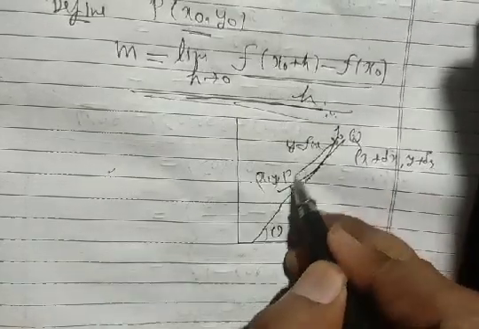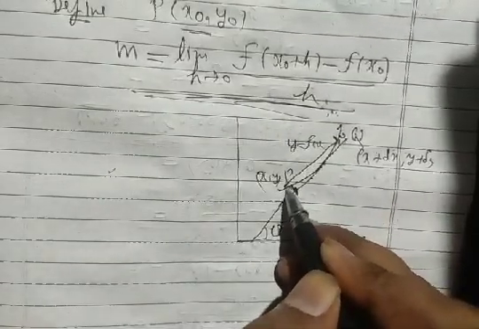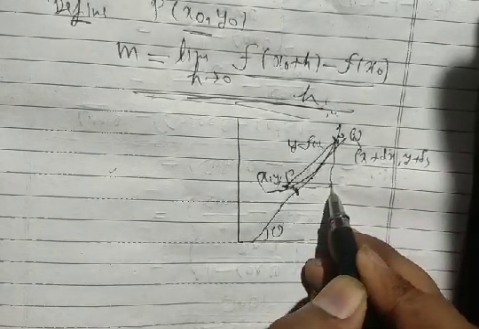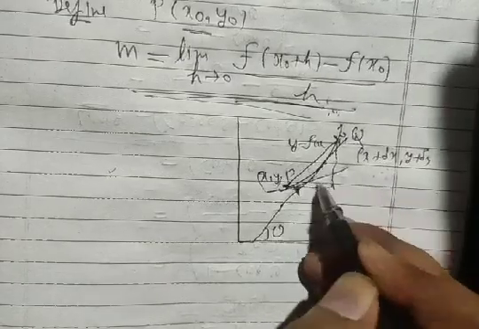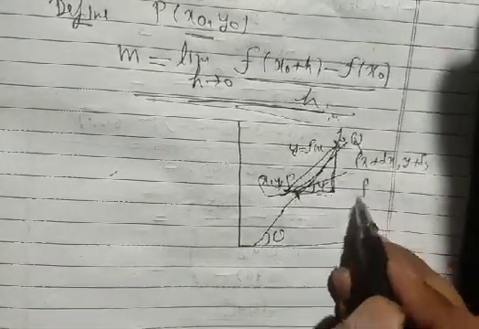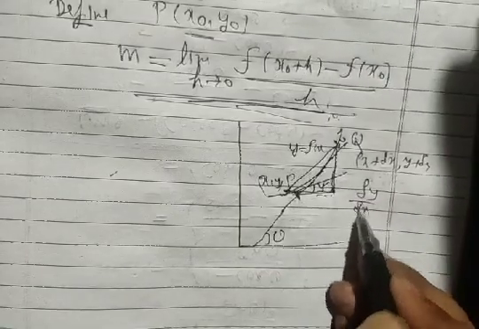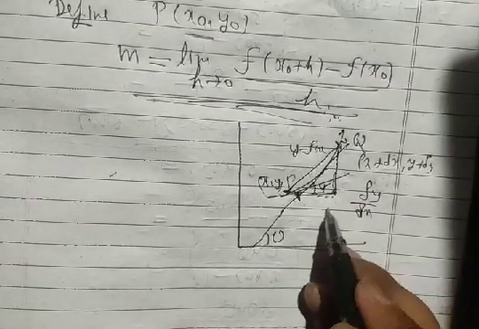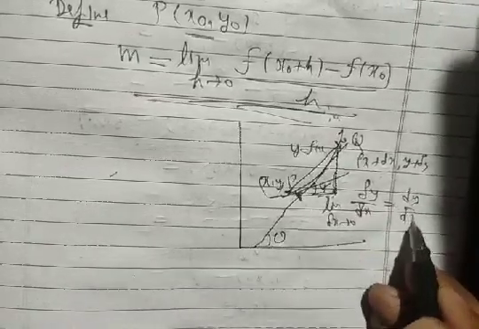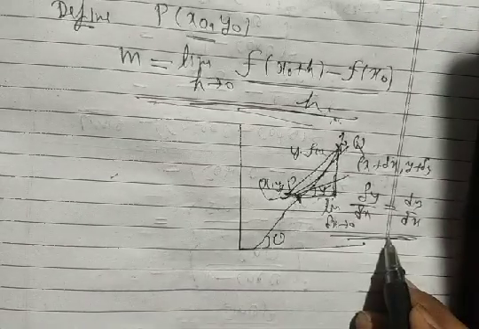Joining those points on the curve, this angle is psi. Taking the ratio delta y over delta x, with the limit as delta x tends to 0, it also gives the concept of dy/dx.